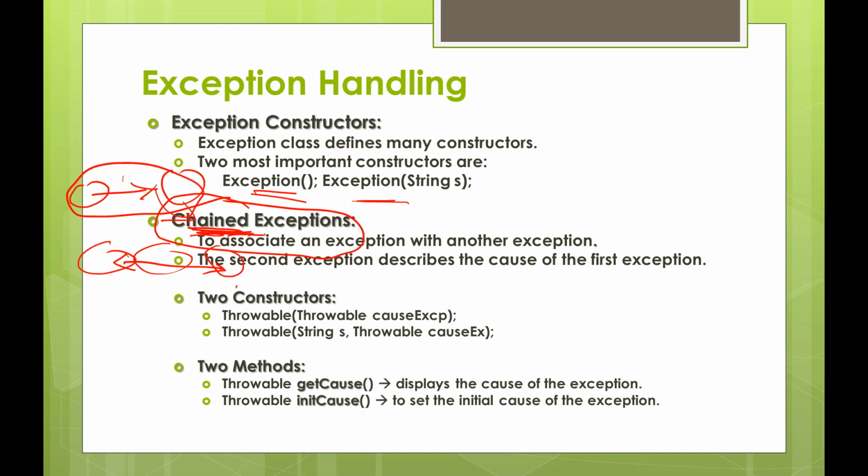This was introduced in JDK 1.4, and after that introduction, two more constructors were added: Throwable which takes a Throwable object, and another Throwable which takes a string and a Throwable object. Based on these, two methods were added: getCause and initCause.